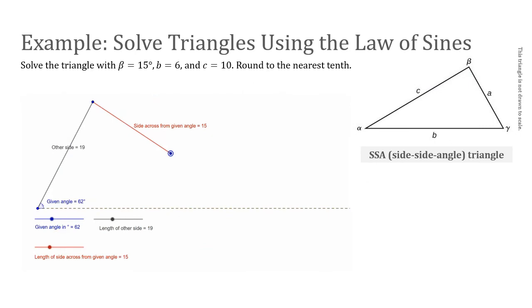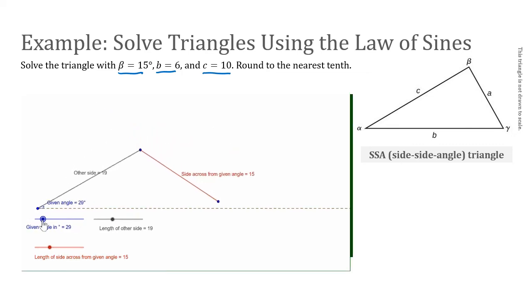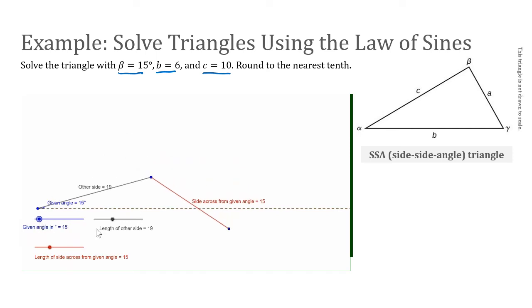So here's that example that we just looked at with beta equaling 15 degrees, the side across from it being 6, and a second side being given of c equals 10. So in this GeoGebra applet, I am setting the given angle to 15 degrees, the side across from it as 6, and then the side C, the other side, equal to 10.